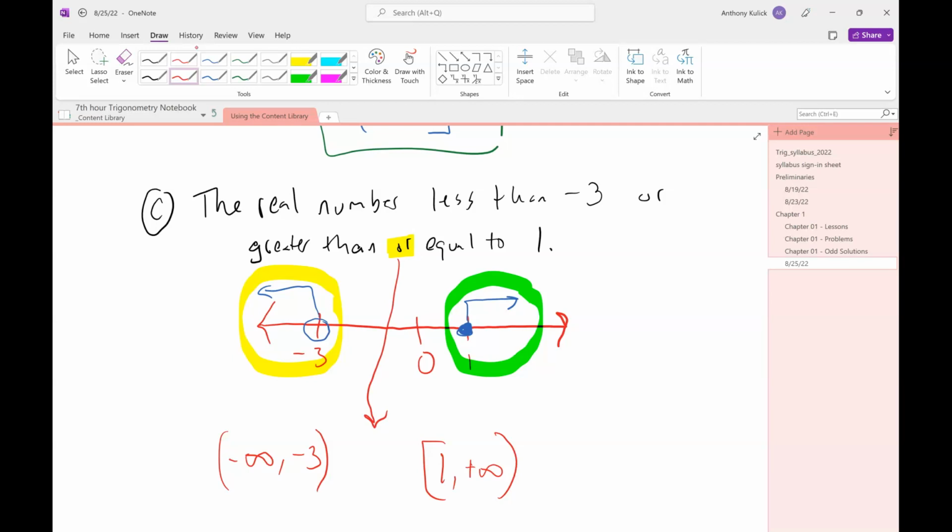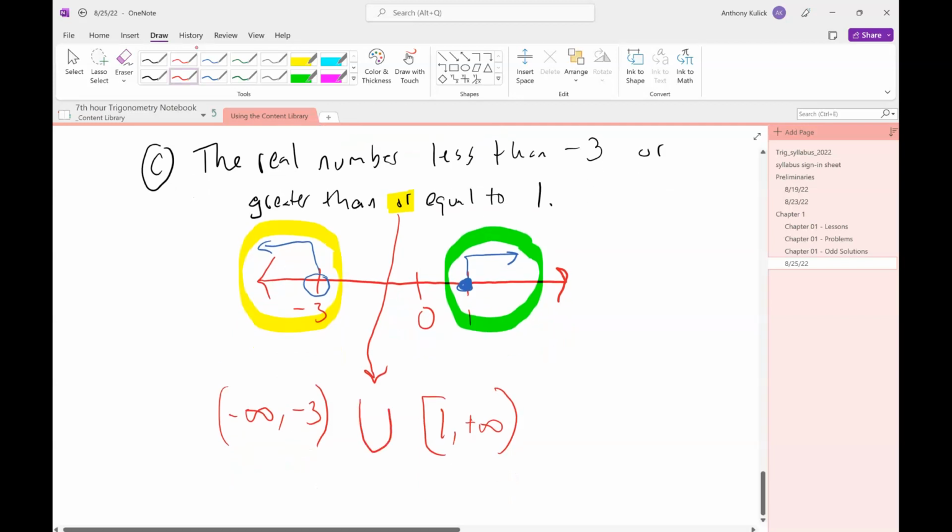Does anybody remember what this symbol is? That's okay. It's the union symbol. It's like this U with no tail on it. The union symbol is basically the set operator for the word "or." So if you're a member of this set, you could come from the interval -infinity, -3, or you could come from the set 1 to positive infinity.